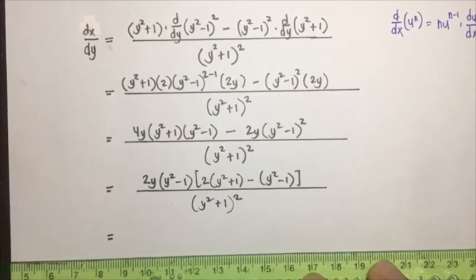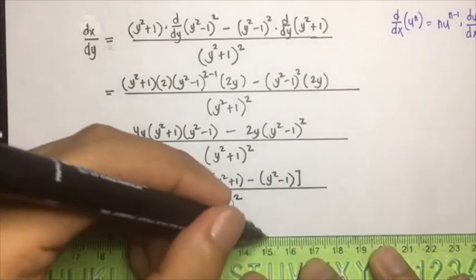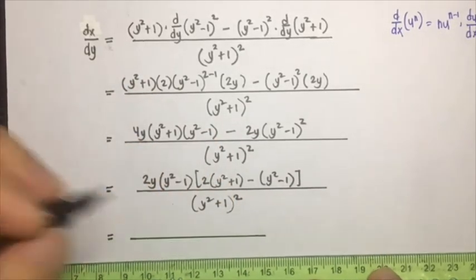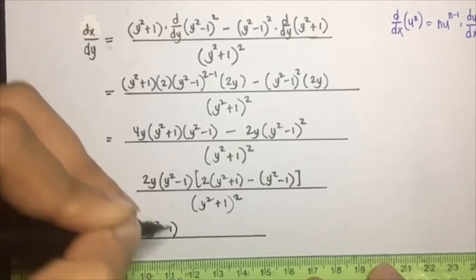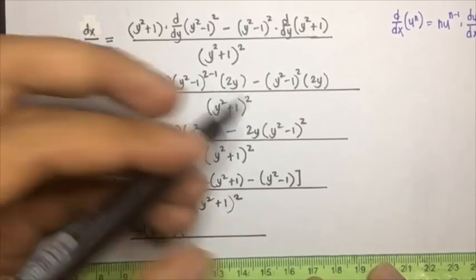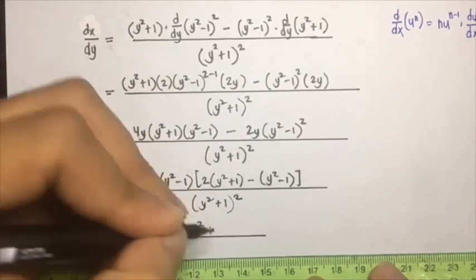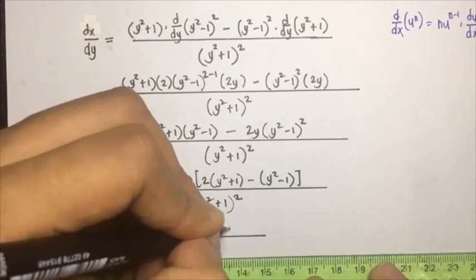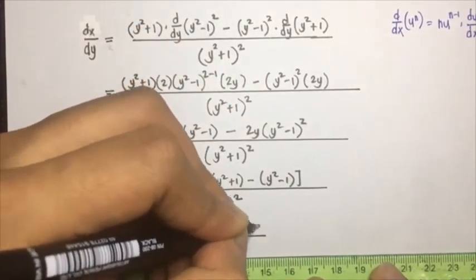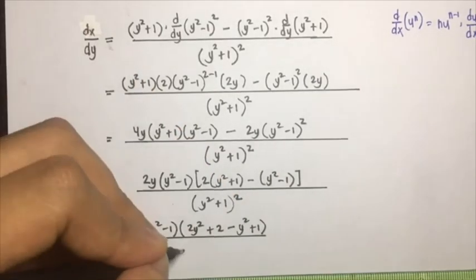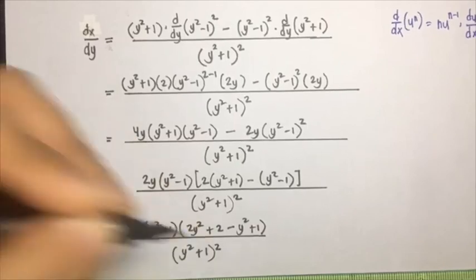Therefore, simplifying, what will remain is 2y times y squared minus 1 times, this will become 2y squared plus 2 minus y squared plus 1, over y squared plus 1 squared.